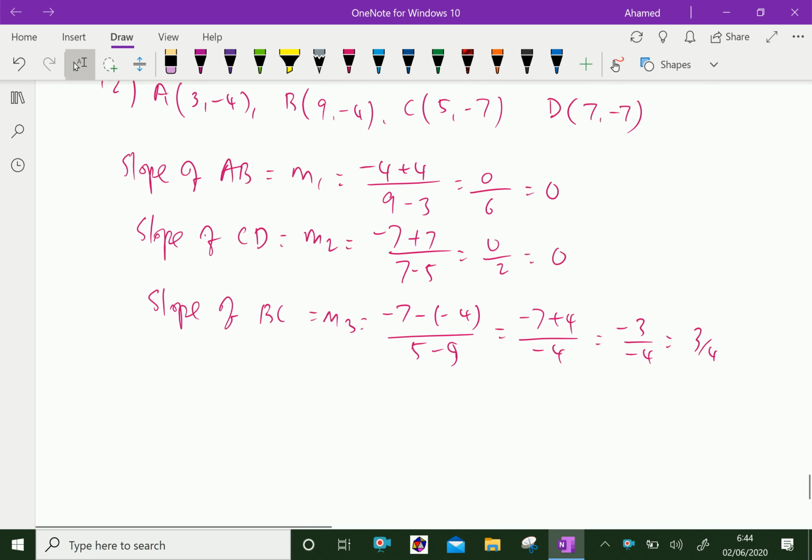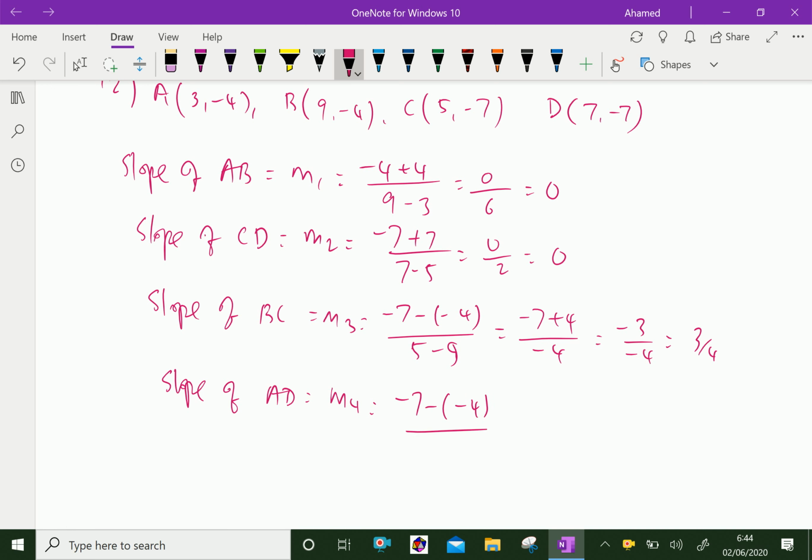Then m4, slope of AD, A is here, D is here, (-7 - (-4))/(7 - 3), which equals (-7 + 4)/4, which equals -3/4. Let it be this m4.